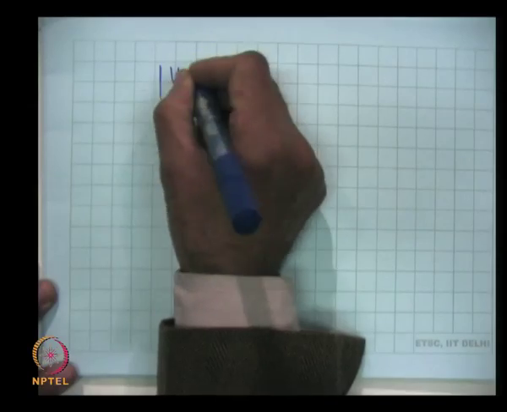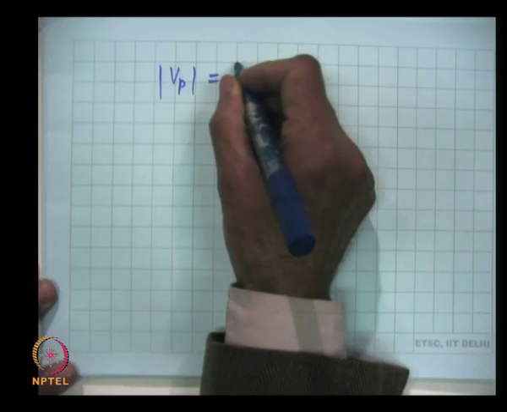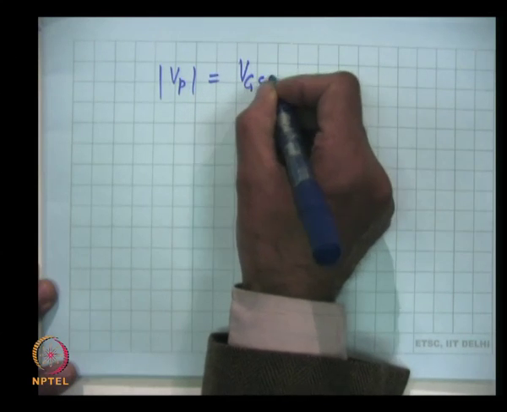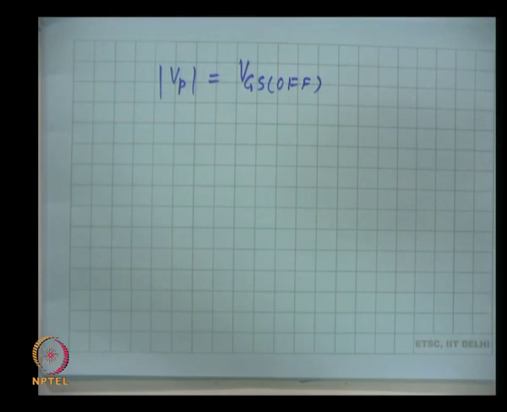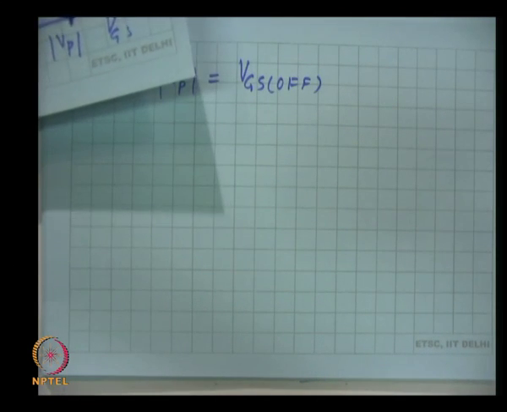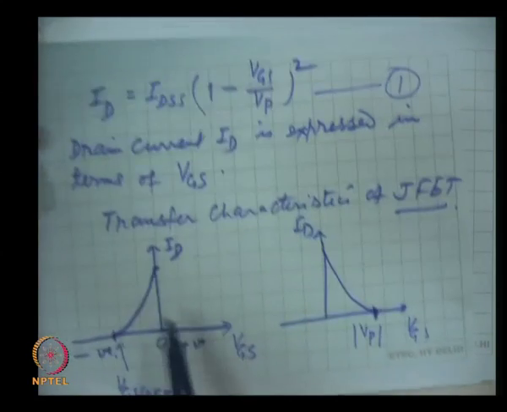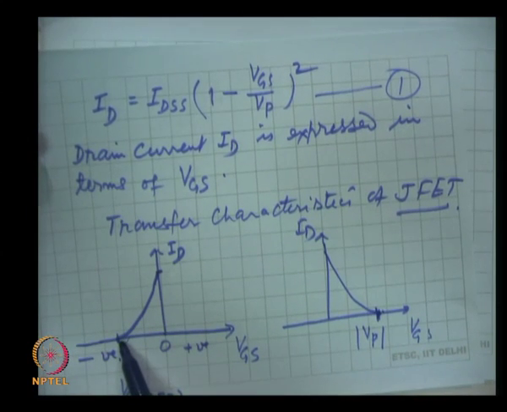From this transfer curve, we get that the magnitude of Vp is the same as VGS off. What is VGS off? VGS off is that gate source voltage which puts drain current to 0.